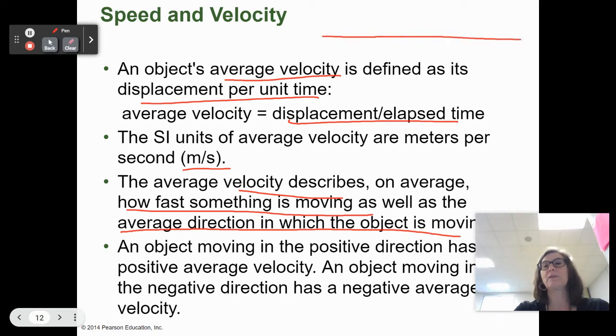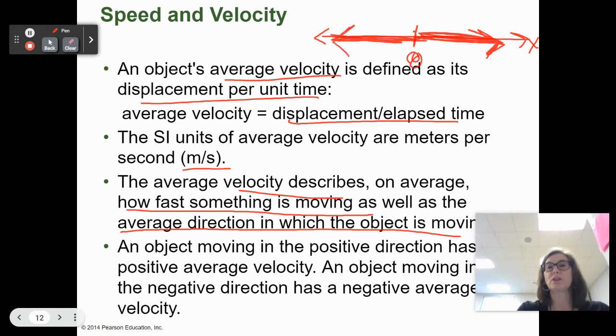So if you think about that motion in one dimension, like we talked about, on the x-axis, here's our origin. If we are moving in the positive direction, then we are going to have a positive value for our velocity. But if we're going in the opposite direction, the negative direction, then we will have a negative value for velocity. The sign is going to indicate the direction in which we are moving.